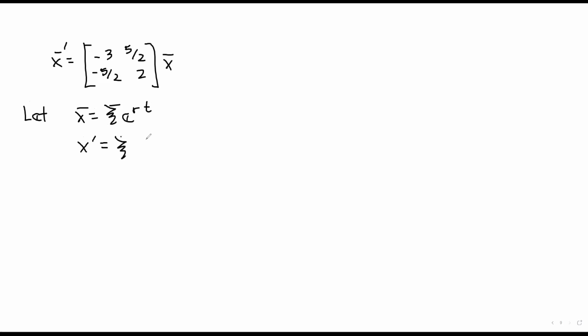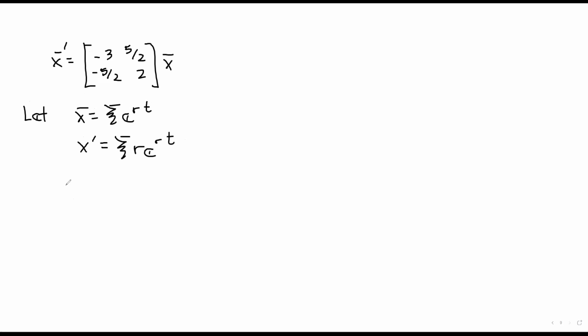So if we have x prime equals the matrix -3, 5/2, -5/2, 2 times x, we let x equal xi e to the rt. We get x prime equal xi r e to the rt.